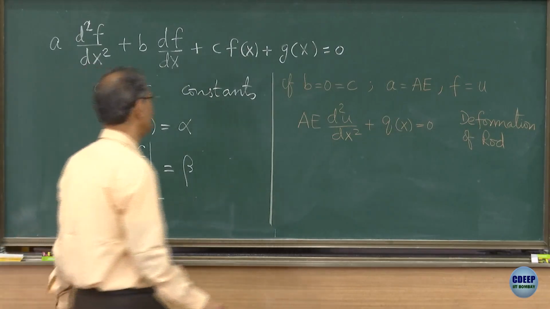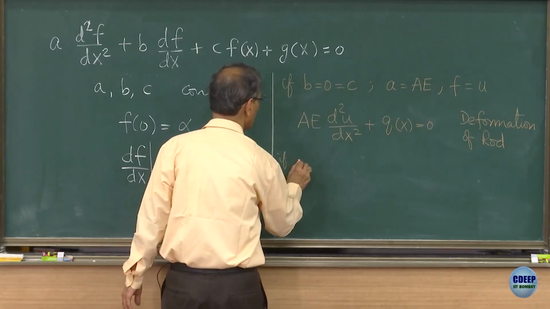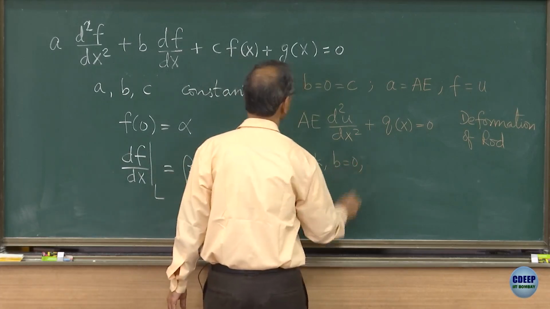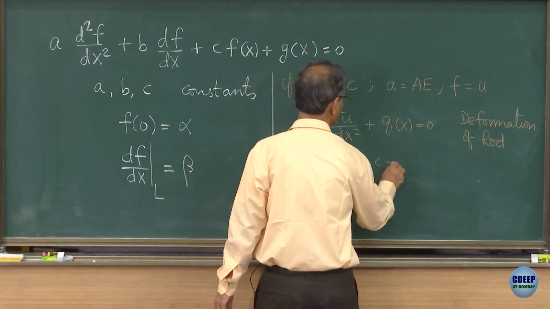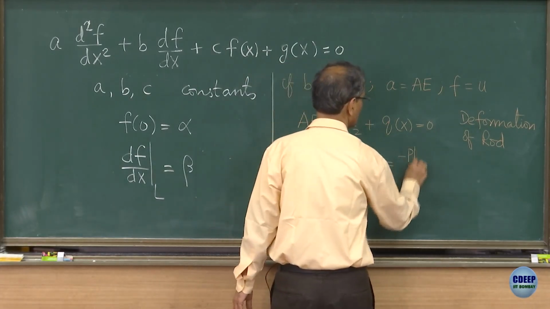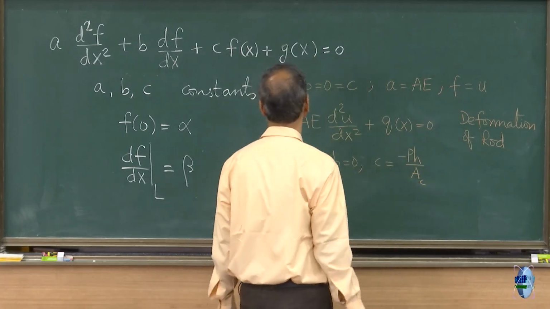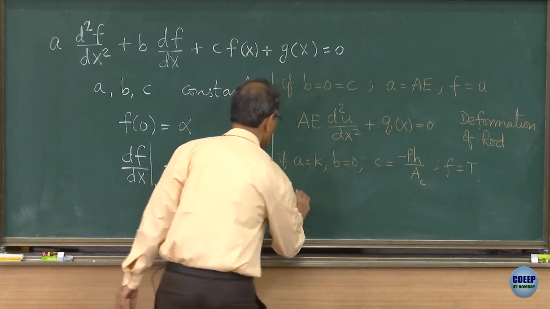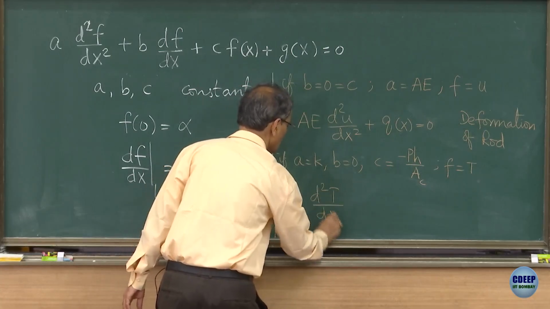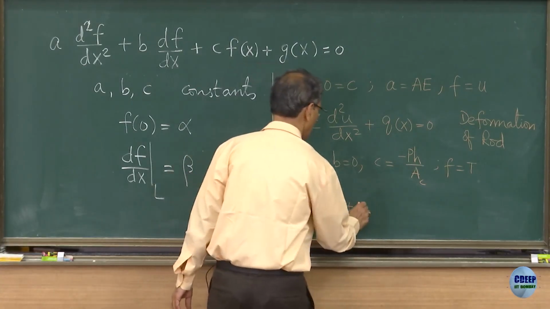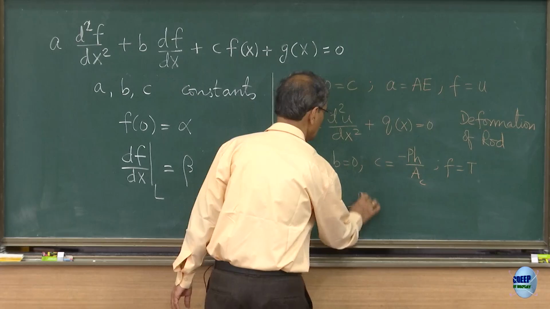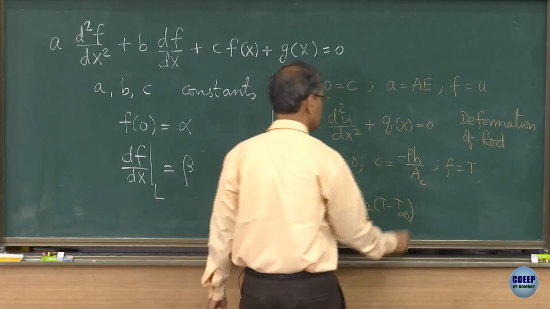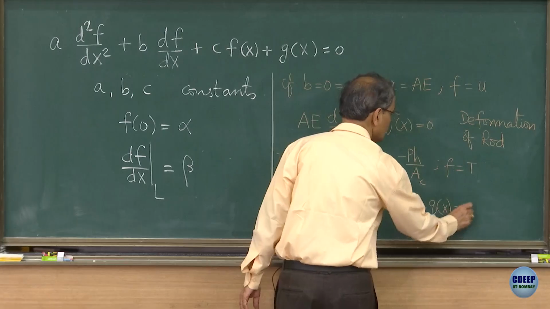Okay, if B is 0, if A is K, coefficient of thermal conductivity, B is 0, C will be minus PH by AC that we discussed, and correspondingly G of x, F is T, etc. So you can write it as K d square T by dx squared plus or minus whatever PH by AC (T minus T infinity) plus q of x, if you want to put some heat source, is 0.